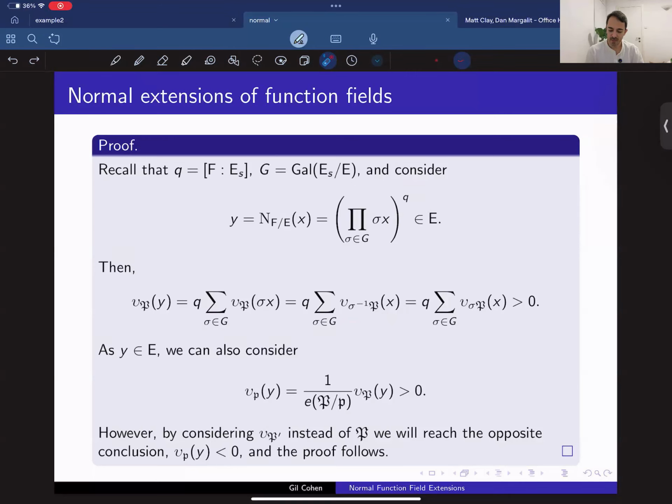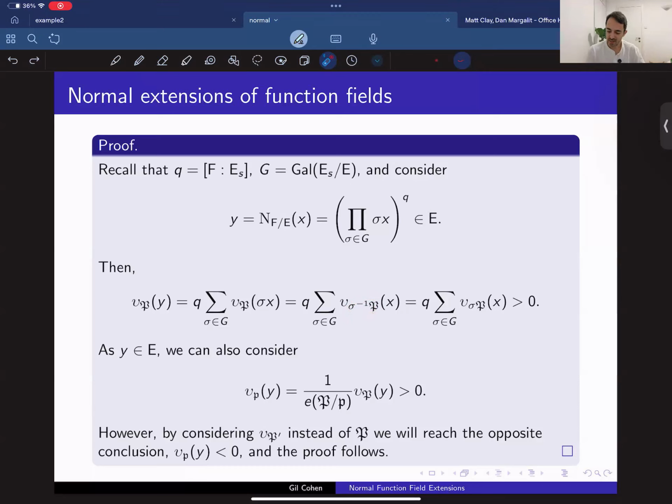Anyhow, you can also write it like that, right? V capital P of sigma X is just V sigma inverse capital P of sigma inverse sigma X, which is X, right? It's the same thing. And that's kind of how we define the sigma of a prime divisor.